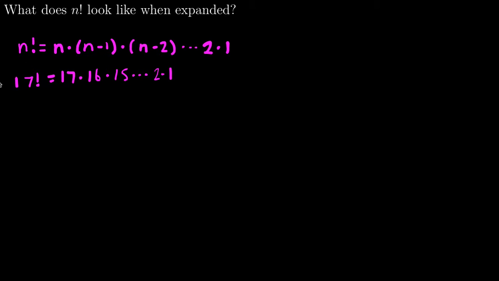With this idea, I can actually do some simplification nicely. So let me consider 2 problems here. First, I'll do a numerical problem, and then I'll do an algebraic problem. So numerically, let's consider 10 factorial divided by 7 factorial.